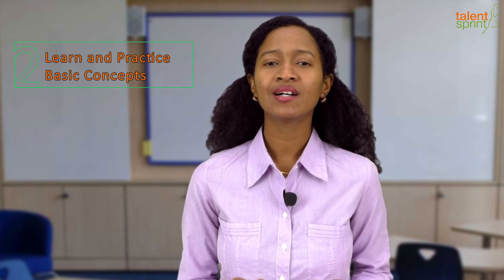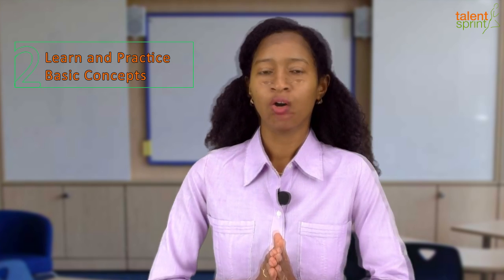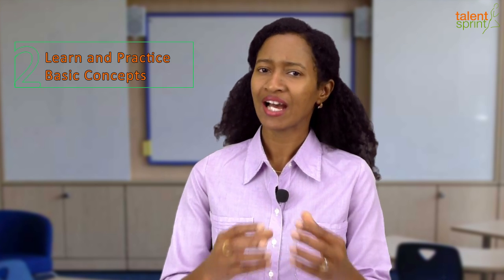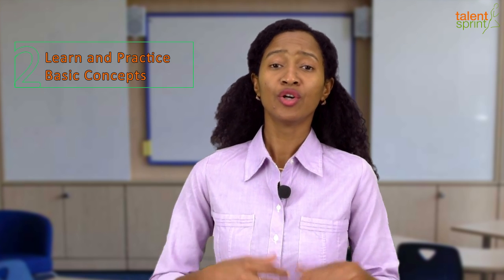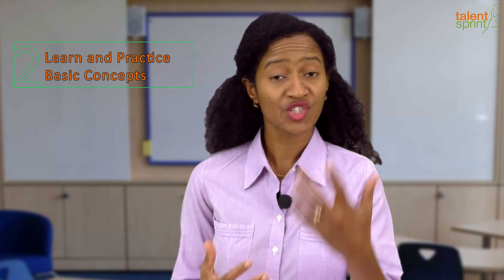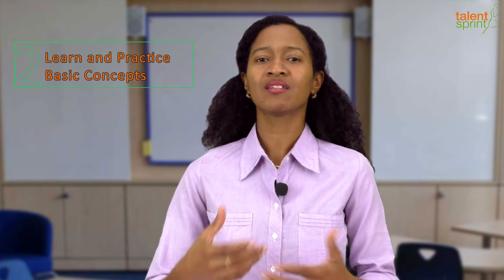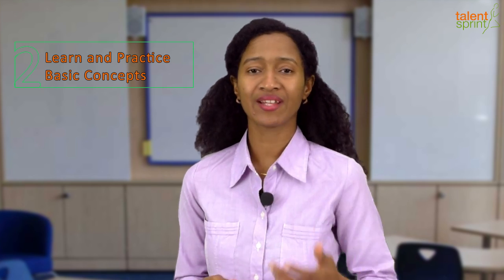Number 2, learn and practice basic concepts. Let's look at specific question types. If you take spot the error or sentence improvement or phrase substitution, for these sort of questions, you'll have to have good knowledge of basic grammar. So subject-verb agreement rules, rules pertaining to common prepositions and conjunctions. Collocations, like verb plus preposition collocations, are especially helpful when it comes to spotting the error.